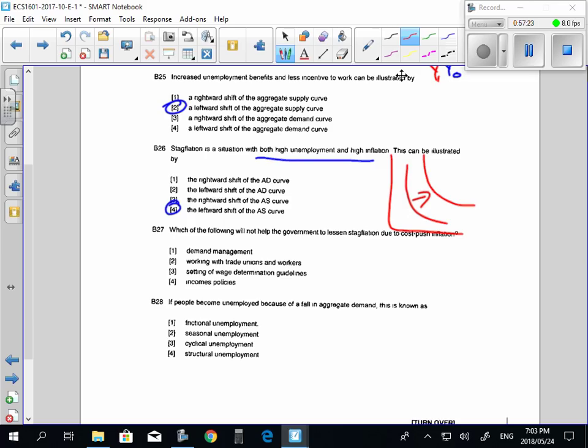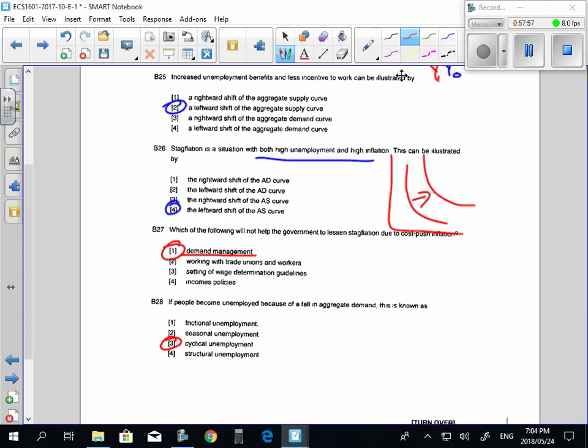Which of the following will not help the government to lessen stagflation due to cost push inflation? Remember, cost push inflation is from the supply side. We need to use a supply side factor to combat that. And obviously, demand management policies will not combat a supply side factor. If people become unemployed because of a fall in aggregate demand, it is known as cyclical unemployment.